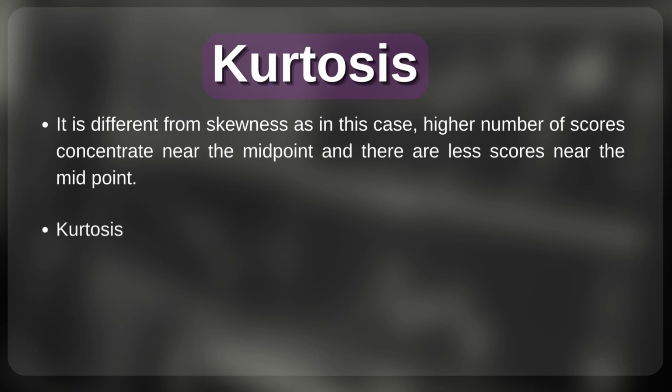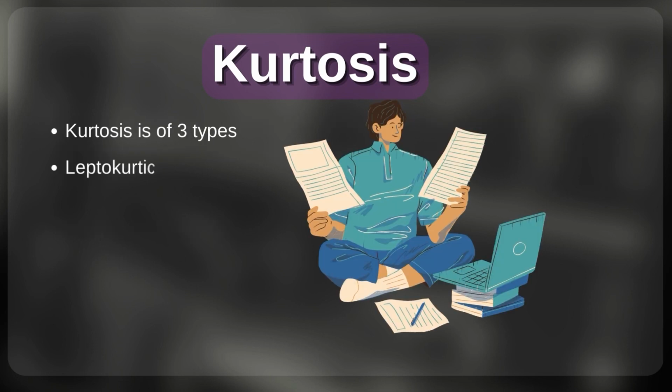So, it is different from skewness on the basis of the distribution of the normal probability curve. That is why it is known as kurtosis. Kurtosis is basically of three types: leptokurtic, mesokurtic and platykurtic. So let us talk about leptokurtic first.